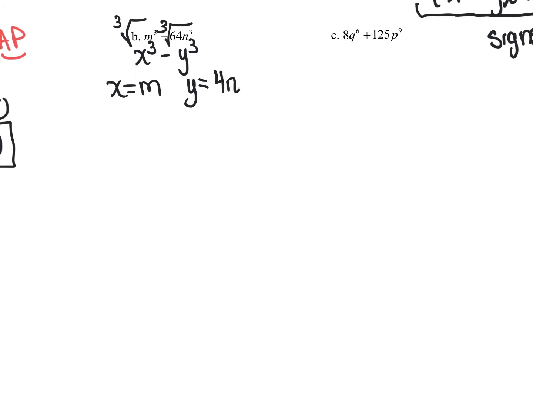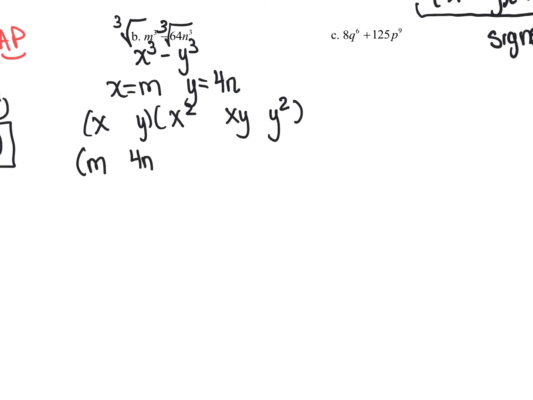Cube root of n cubed is n. So my pattern is x, y, x squared, x times y, y squared. So my x is called m, my y is called 4n, m squared, 4 times m times n, because we put them in alphabetical order.